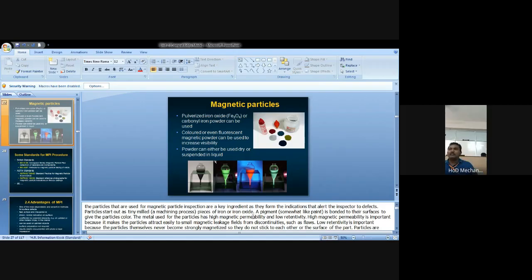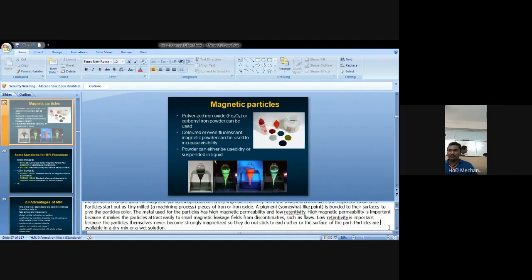High magnetic permeability is important because it makes the particles attract easily to the small magnetic leakage fields from discontinuities, such as flaws. Low retentivity is important because the particles themselves never become strongly magnetized, so they do not stick to each other or to the surface.